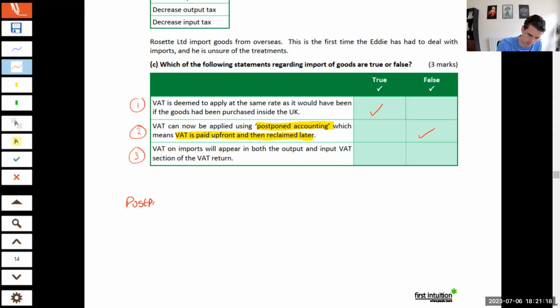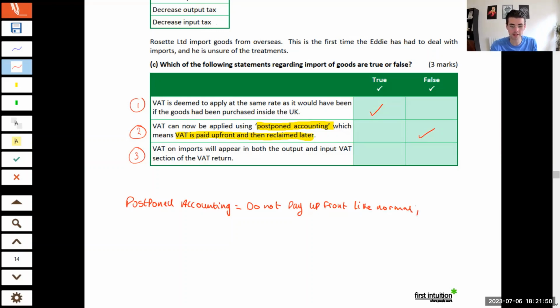With postponed accounting, we don't pay up front, or do not pay immediately, shall we say. When I use the term immediately, I mean when the goods enter. That is the traditional method. We don't pay up front like normal.